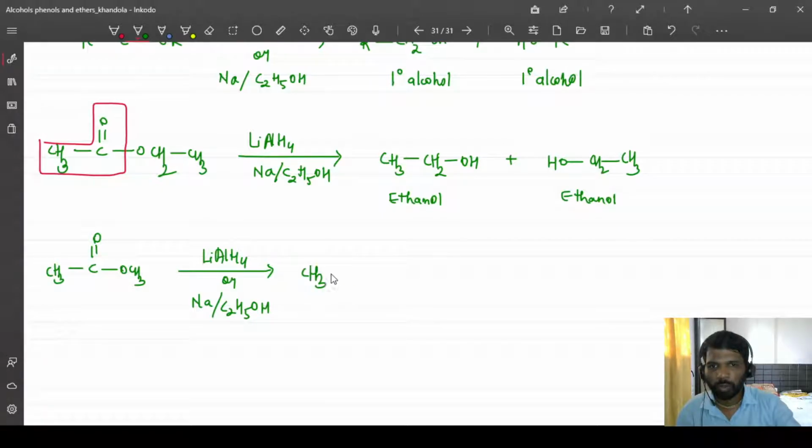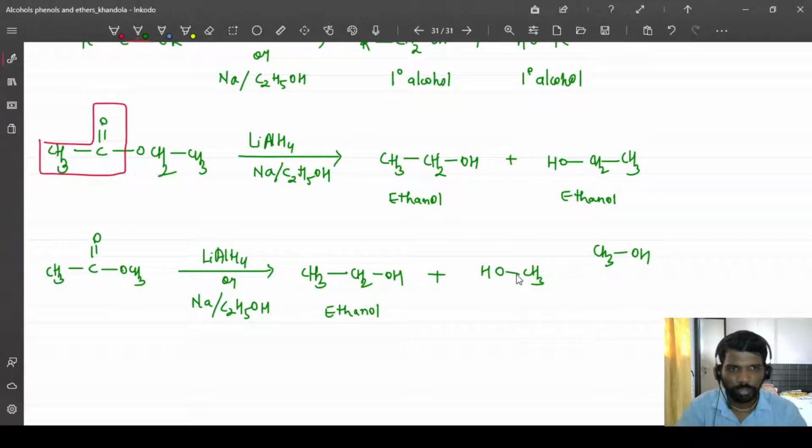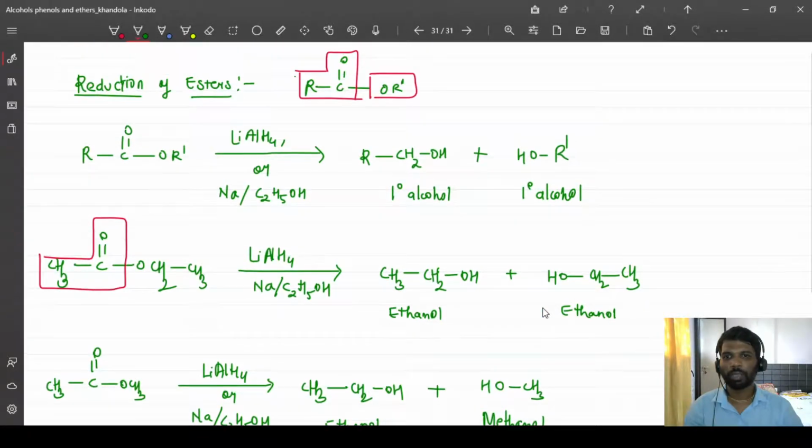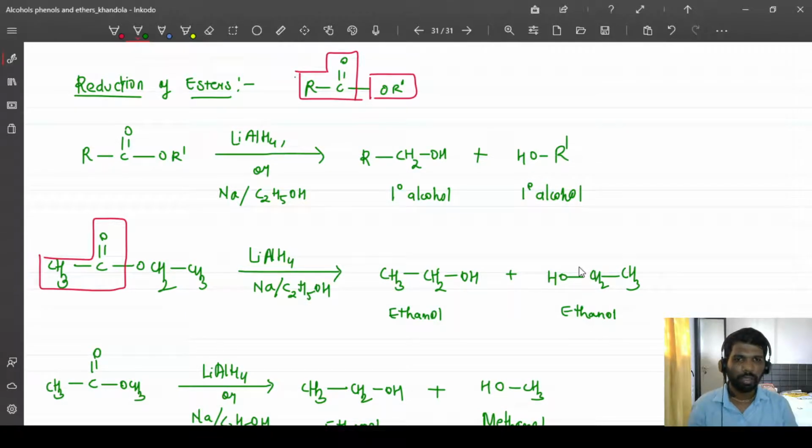The alcohol you are going to get is CH3CH2OH, that is ethanol, and CH3OH. I can write this way also, CH3OH. I am writing it the other way around for your understanding. This is also an alcohol, CH3OH, so here it is methanol.